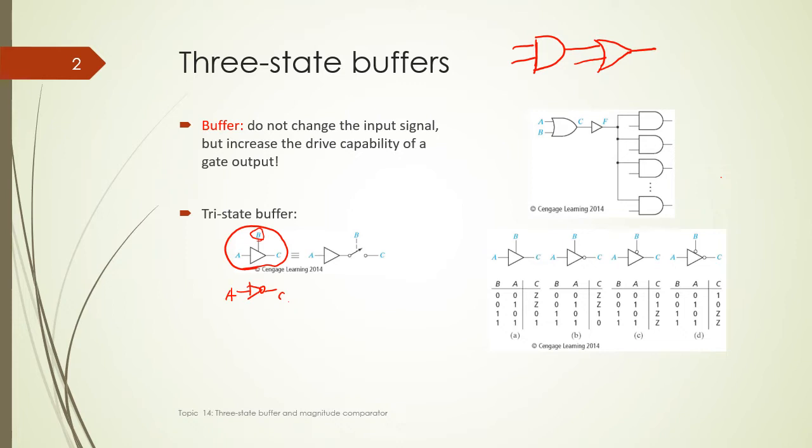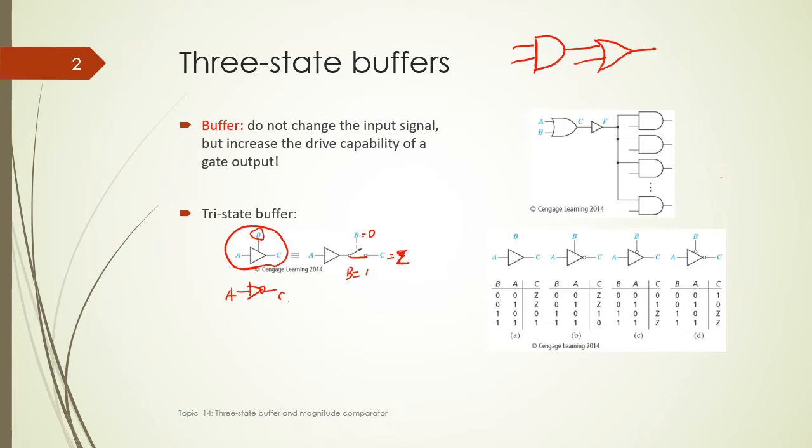In most cases, if B is 0, you can think this switch is in open state, like the input signal cannot go to the output C here. So C will equal the high impedance state, Z. When B equals 1, this switch is closed, so now the output C will follow the input value. So that's the basic operation for the tri-state buffer.